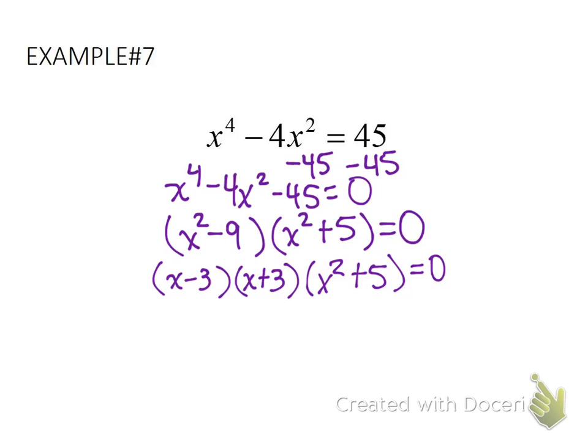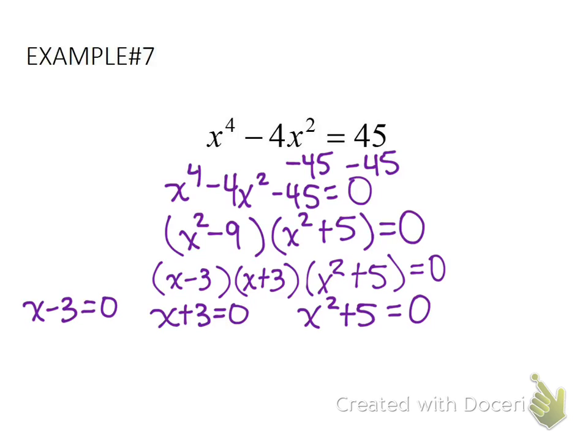What are we ready to do? Set equal to 0 and start solving. X minus 3 equals 0. X plus 3 equals 0. X squared plus 5 equals 0. Each set of parentheses gets set equal to 0 so we can solve them.